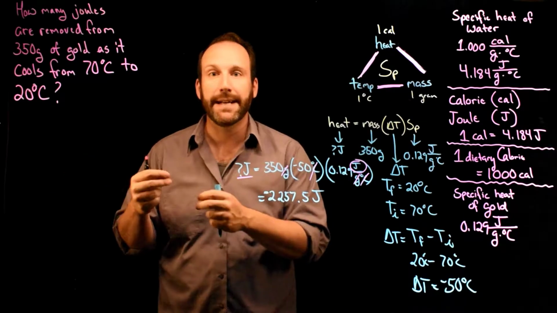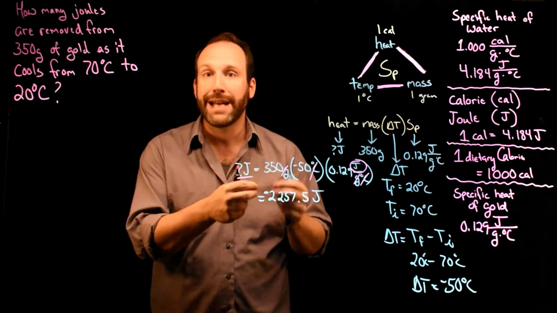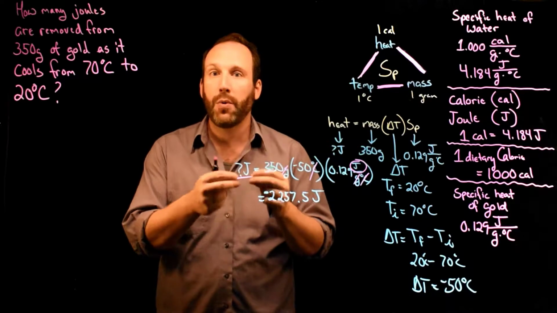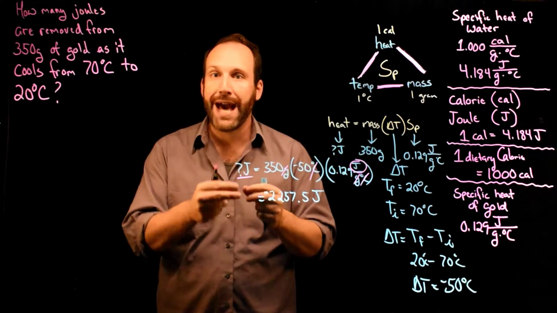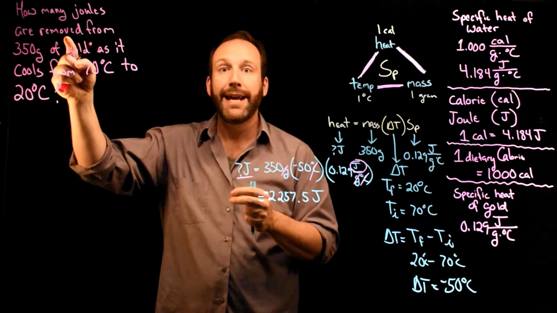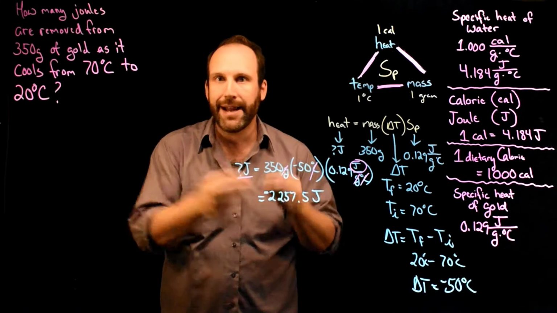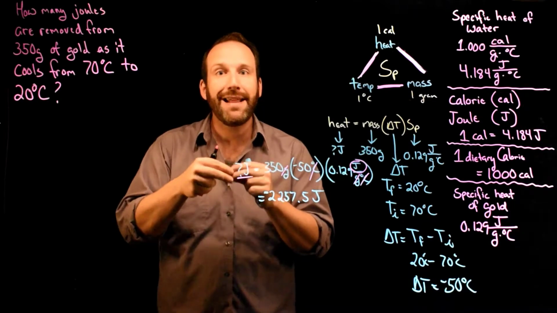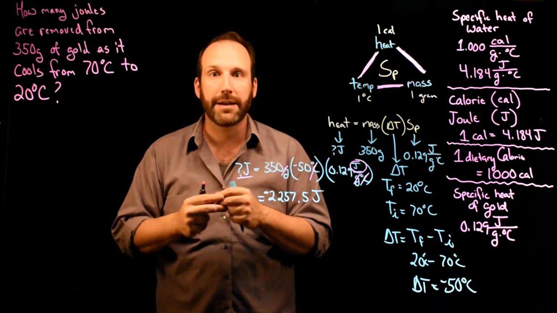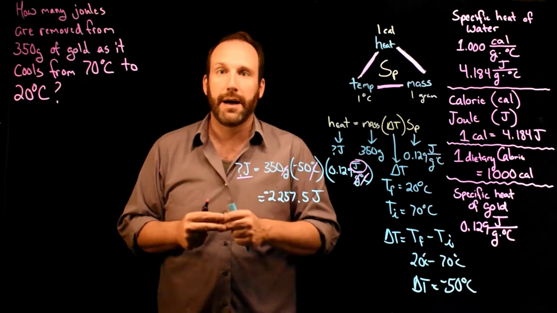We were trying to heat it up. Here, the gold is cooling down. And in order for the gold to cool down, heat has to be removed from our object. So minus heat in this context means heat that's removed from an object. Positive heat means heat that is put into an object.